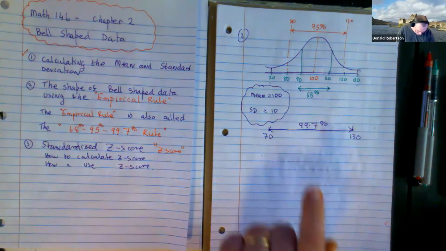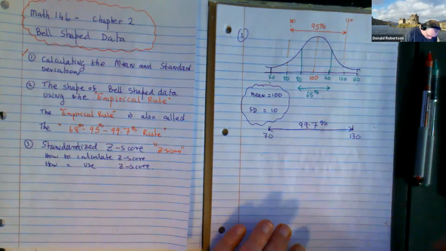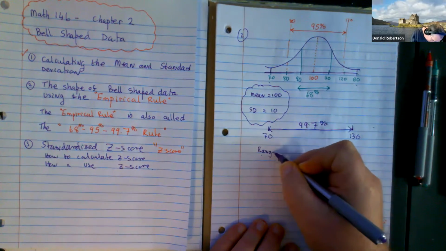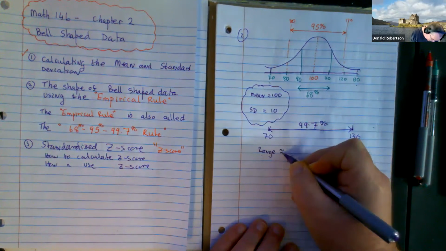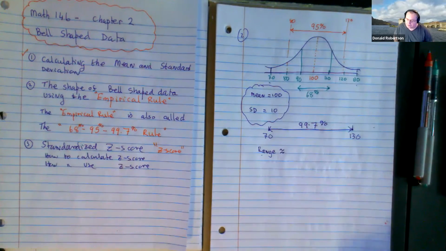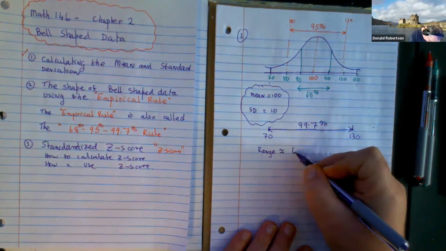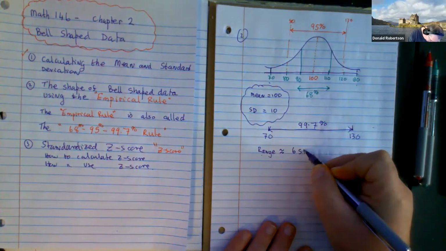Right. Now, you can also use this for other things. Here's one very simple example. The range of data, right? From the smallest IQ to the biggest IQ. And that's going to vary because sometimes you get outliers and so on. But the range is typically 6 standard deviations.